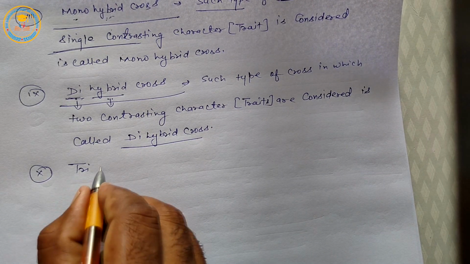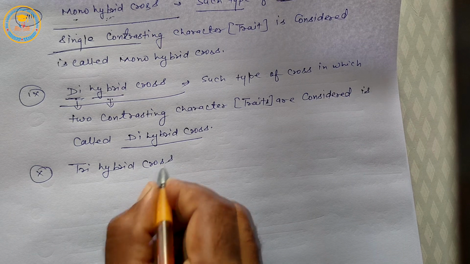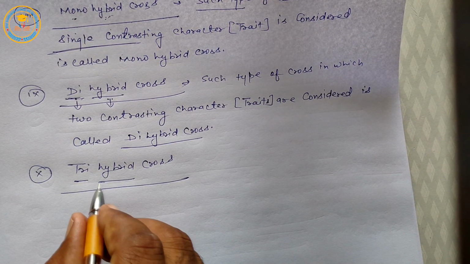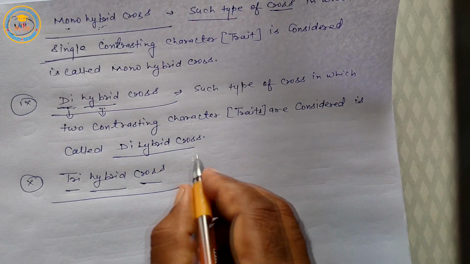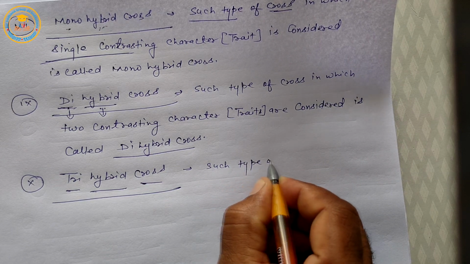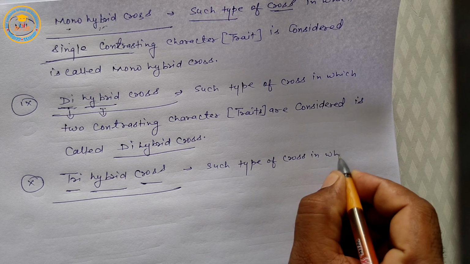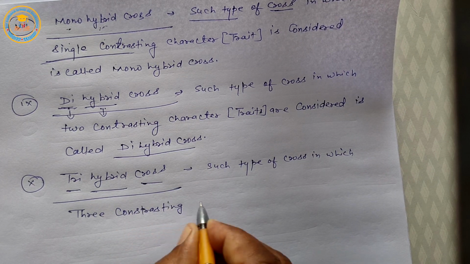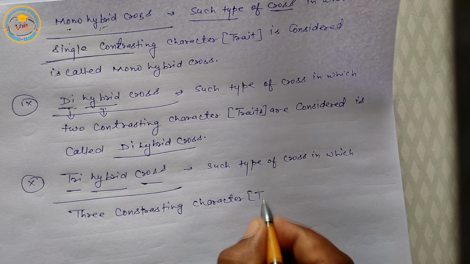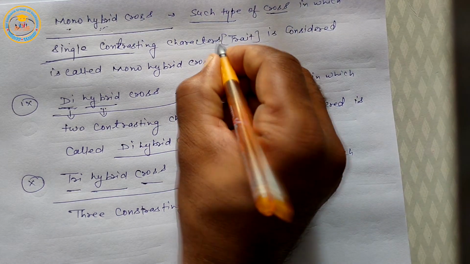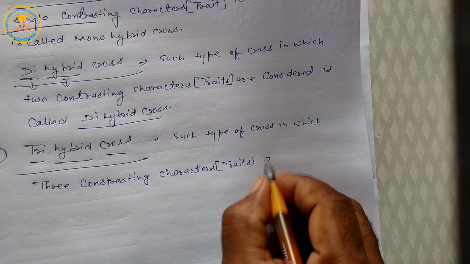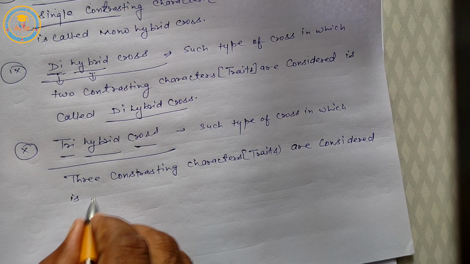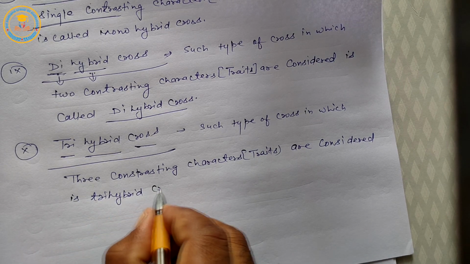Next is trihybrid cross. Tri means three, more than two traits. Such a type of cross in which three contrasting, it means opposite, characters or traits are considered is called trihybrid cross.